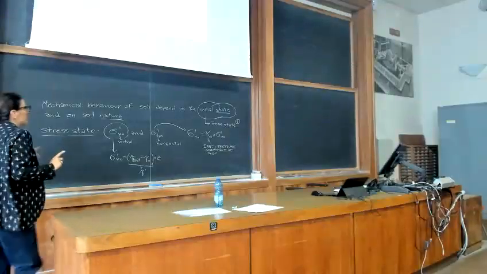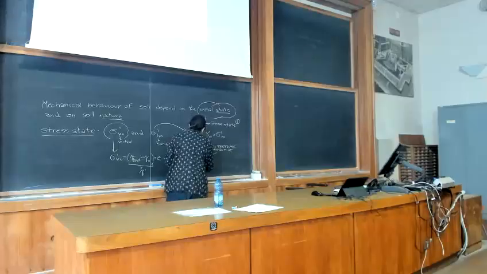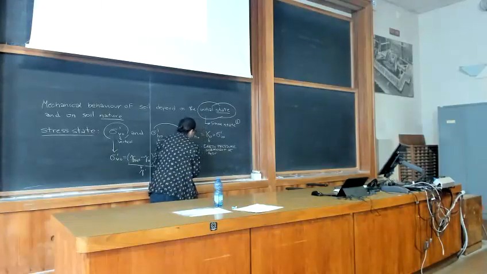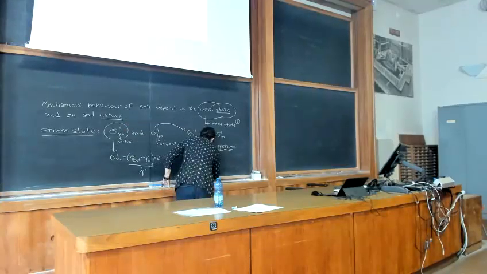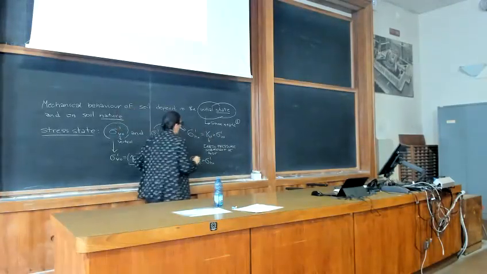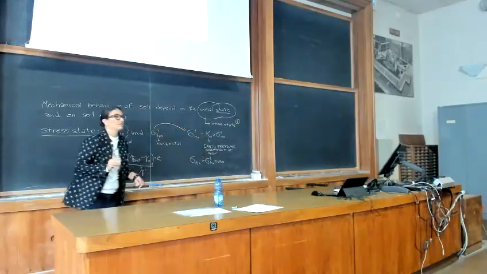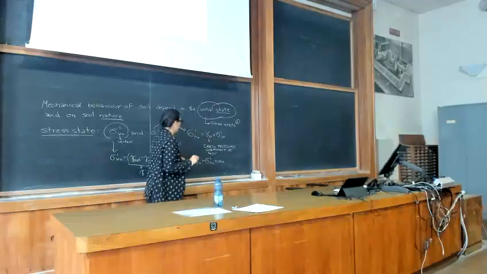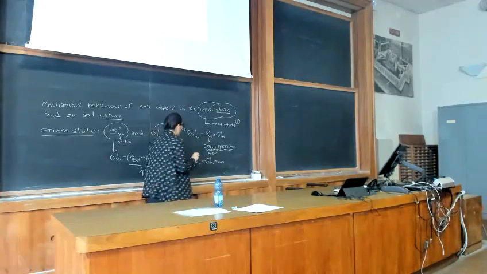While for the horizontal stress state, if you need to calculate the total horizontal stress, you have to consider the effective horizontal stress and you have to add u naught. This is the only possible strategy to calculate total stresses for the horizontal direction.